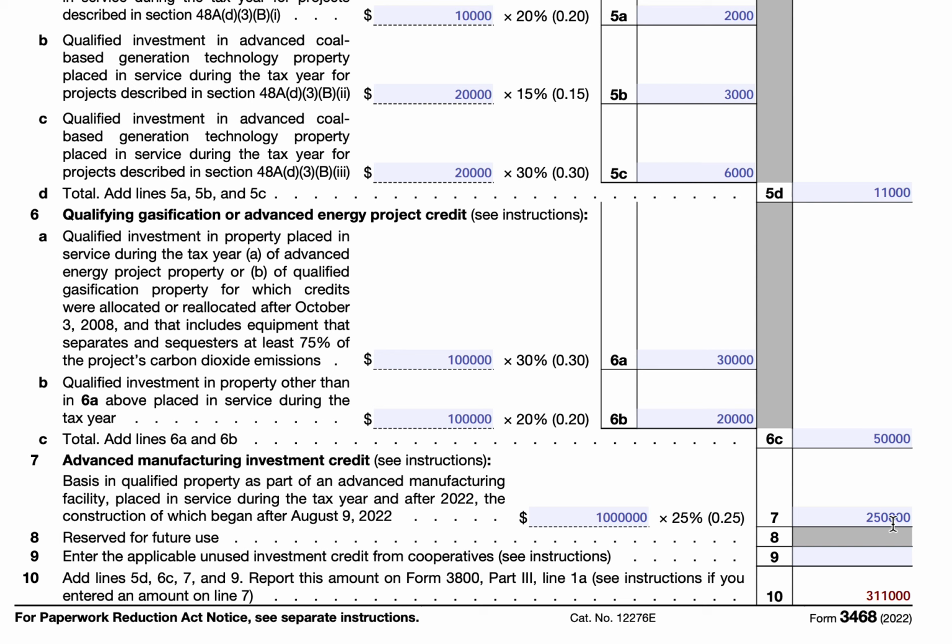So if you elected to treat the amount of credit on line 7 as a deemed payment under Code Section 48D, then you would have to back out that amount as a deemed payment on line 1A of your IRS Form 3800, Part 3. So that line plus line 10 might not match if you elected part of this credit as a deemed payment.